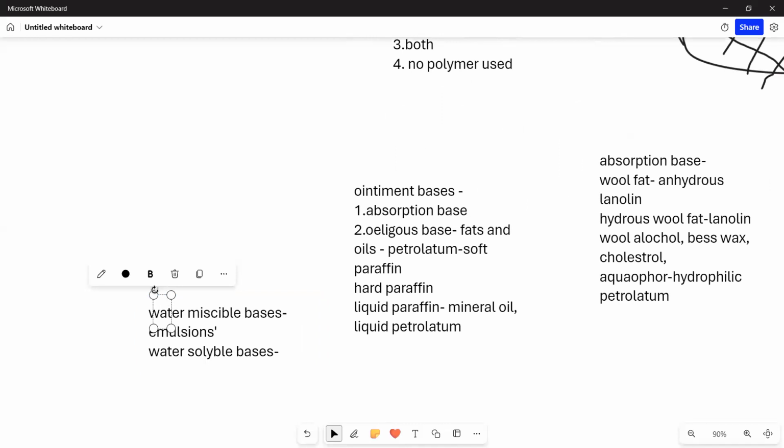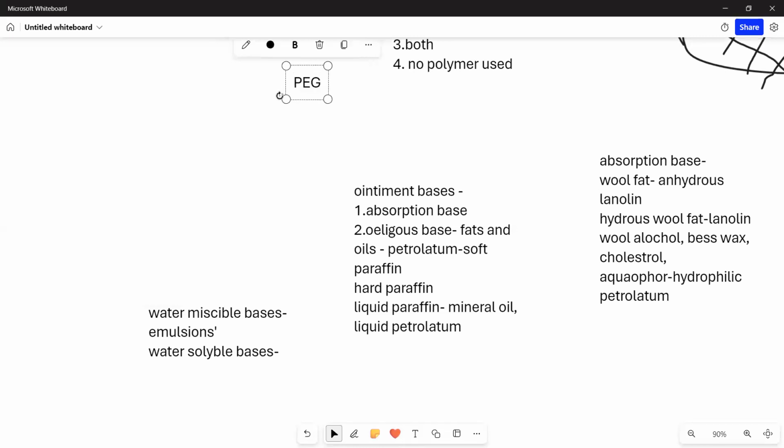Can't you remember one classical example, PEG? Great. The water soluble bases include PEG, polyethylene glycol.